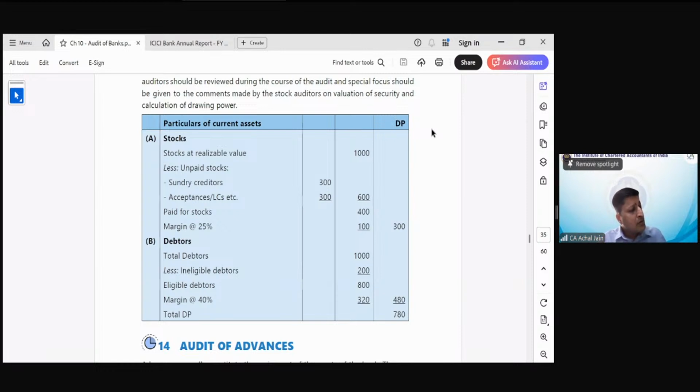Now I'll pick up one example. In that example, we will try to calculate the drawing power on the basis of the understanding that we have obtained. I would suggest that you open your study material if it is not in front of you, because looking at the basis that we have just discussed, you should try to compute the drawing power.